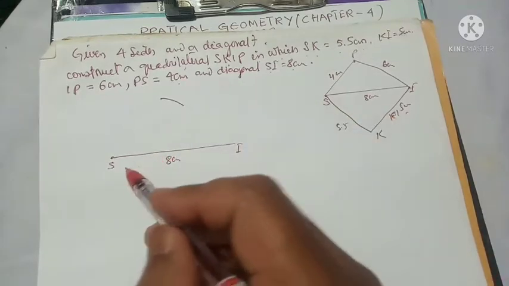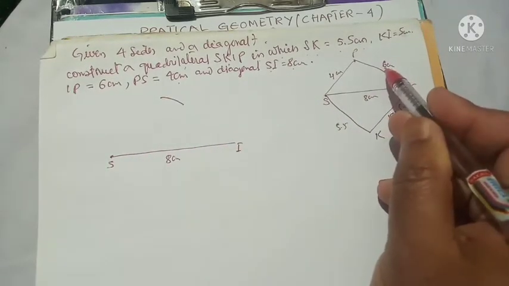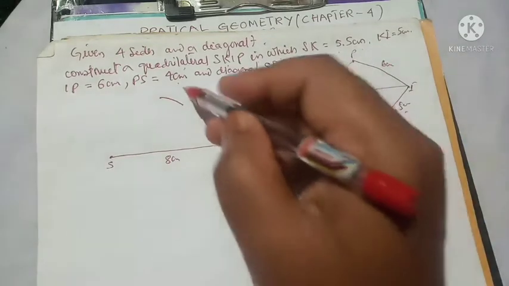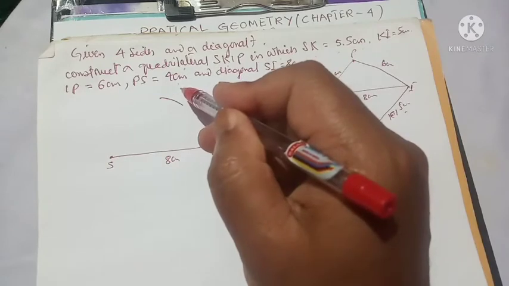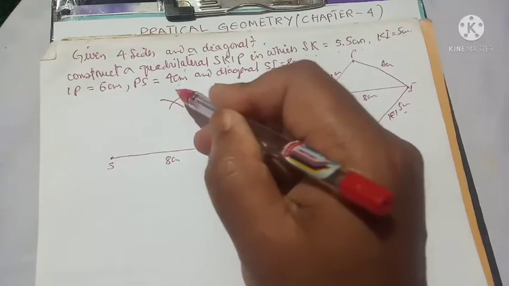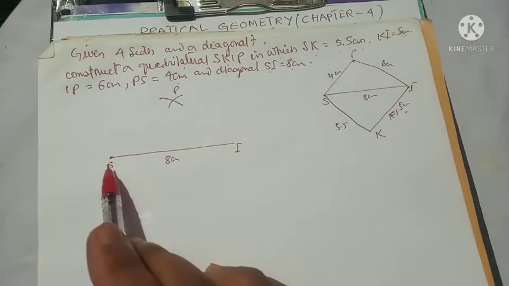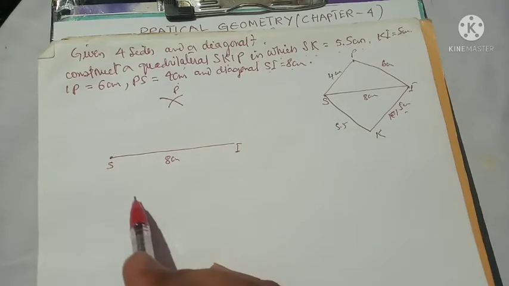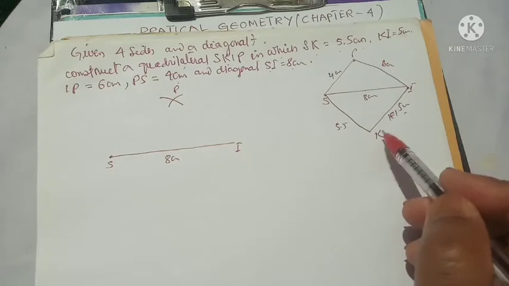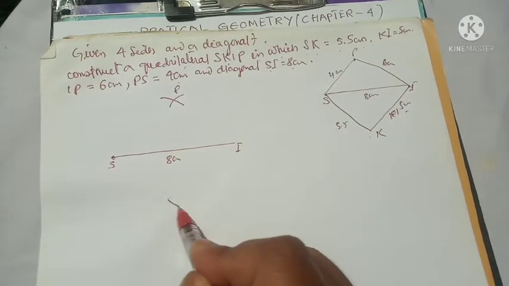Again, taking I as the center with a radius of 6 centimeters, we draw another arc that intersects the earlier arc at point P. Then, taking S as the center with a radius of 5.5, we draw another arc below SI.